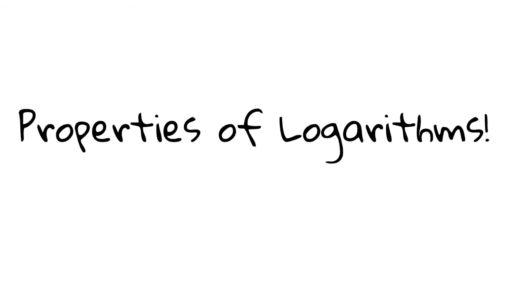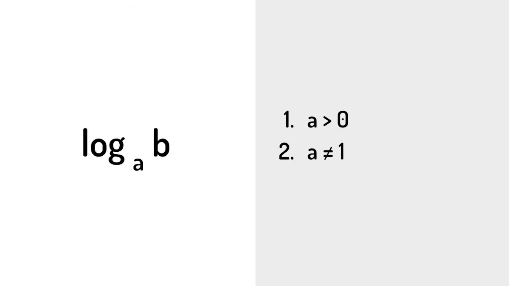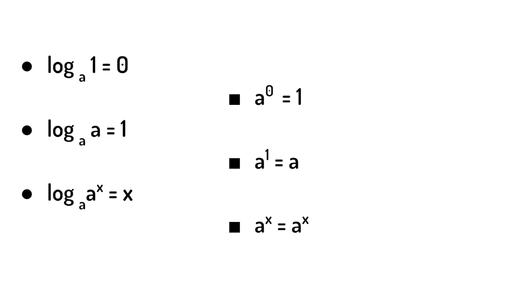One of the most important parts when studying logarithms is the properties of logarithms. And there's a warning here. All the rules I'm about to present are under the assumption that if we have a log function log base a of b, firstly, a is always bigger than 0, and secondly, a is not equal to 1. Let's go.